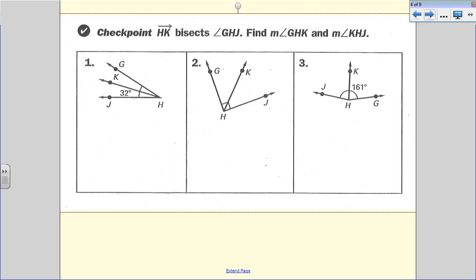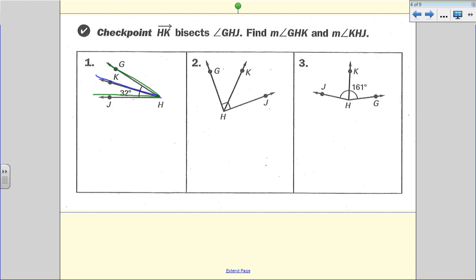Let's take a look at our checkpoint. Pause, and let's work this out. We need to find our given angles. I know HK is the bisector in each of these, and it bisects the big angle, GHJ.